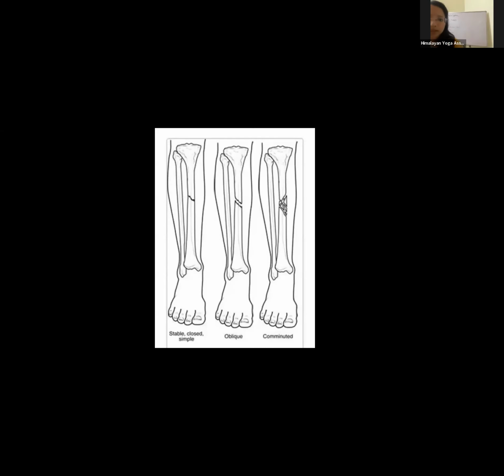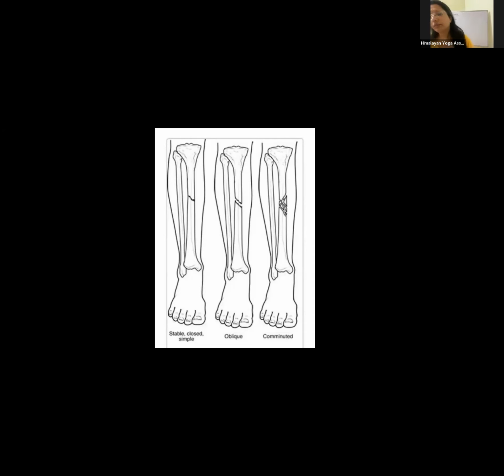Okay, so here you see a picture of different types of fractures. What you see is a stable, closed, or simple fracture, in which there is a crack in the bone, but the bone is intact in its place. That is a stable, closed, or simple fracture.